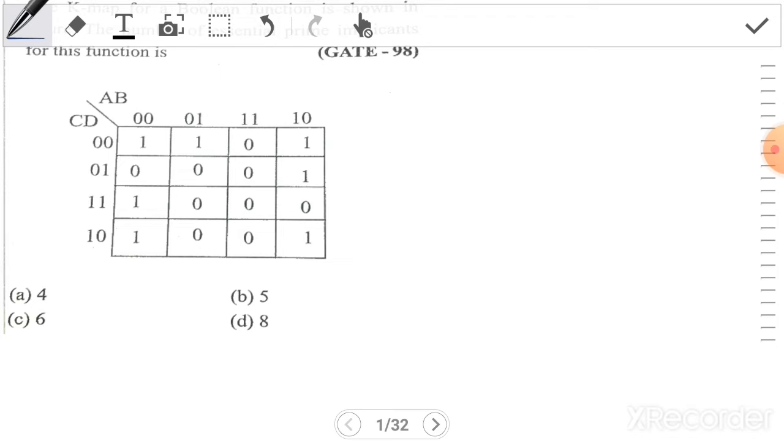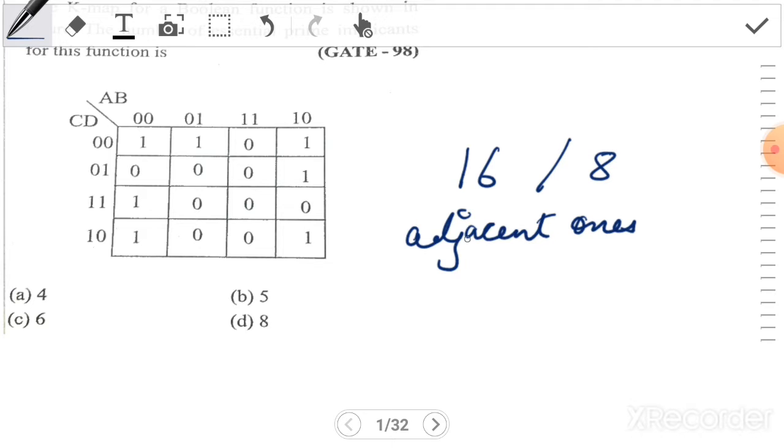See, there are no possibilities of grouping either 16 adjacent ones or 8 adjacent ones. So yes, there is one possibility of grouping 4 adjacent ones, right?